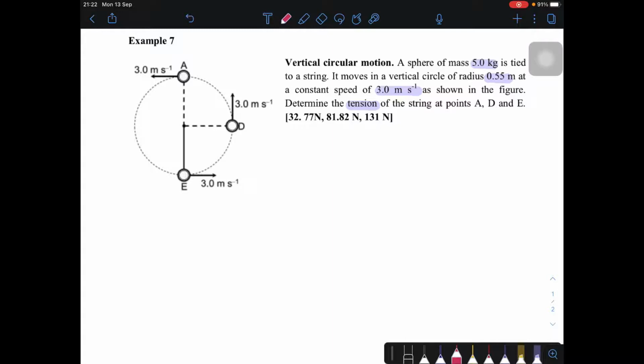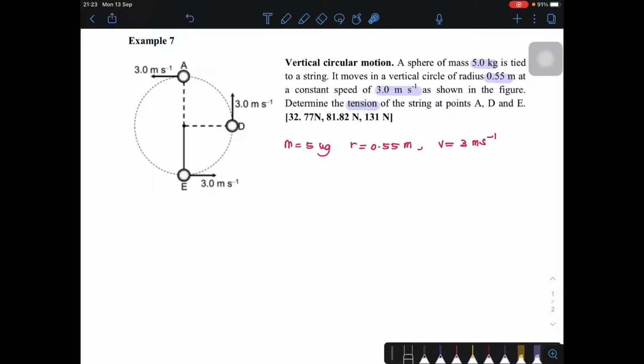Okay, let's write this down. We have mass 5 kg and then we have radius 0.55 meter and then we have the velocity 3 meter per second. And then at each point, we need to find the tension.